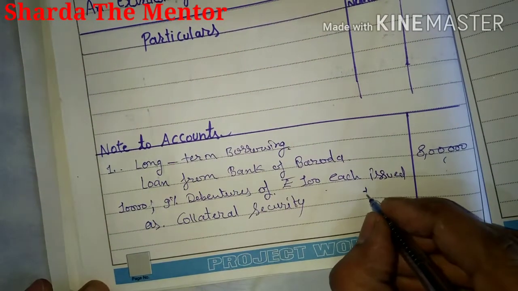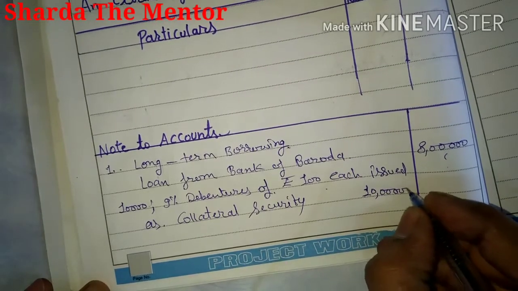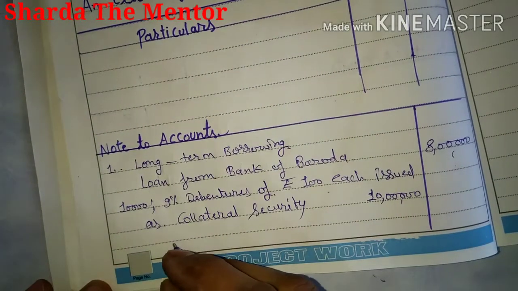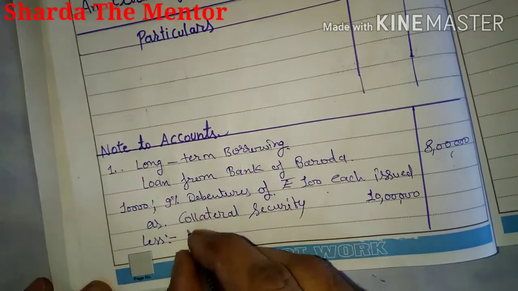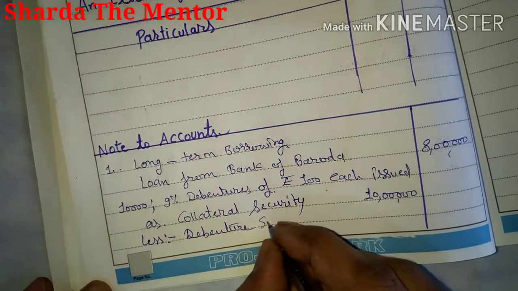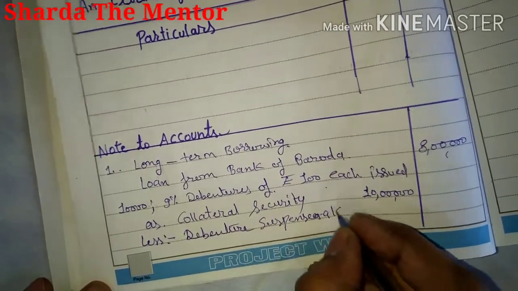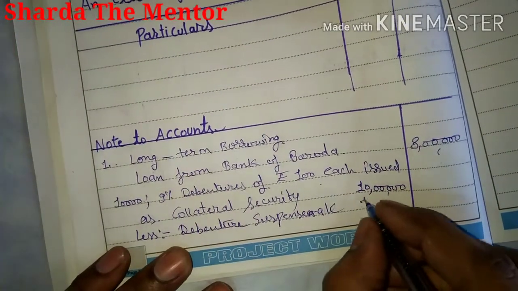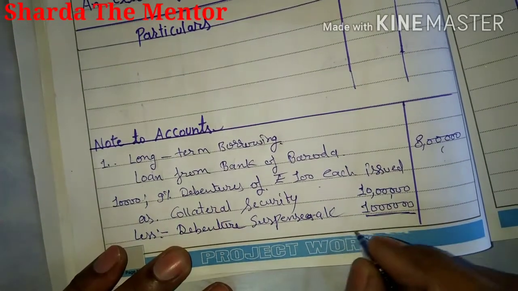So here you will mention the total amount of debenture, that is the 10 lakh. And for whatever amount that we have transferred through the journal entry we have passed, to the debenture suspense account, you will mention here the debenture suspense account, 10 lakh rupees. It means you are deducting that amount from the debenture account.